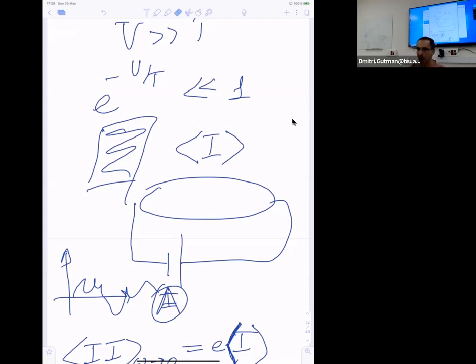Next time we'll discuss how we get the same results from the Landauer picture, which is a fully quantum mechanical approach, and a nice chance for you to recall the Landauer picture. Then, until the last few lectures of our course, we'll discuss topological materials, and how we modify the Boltzmann equation to account for the effects of Berry curvature. I think that would be more or less the end of it.